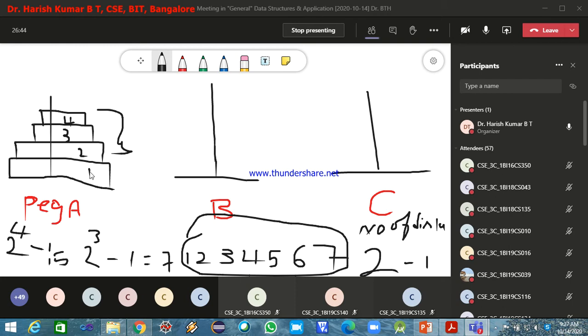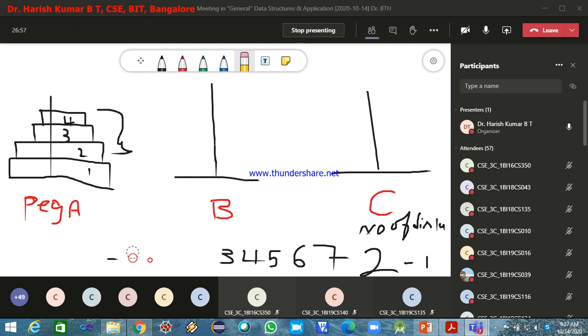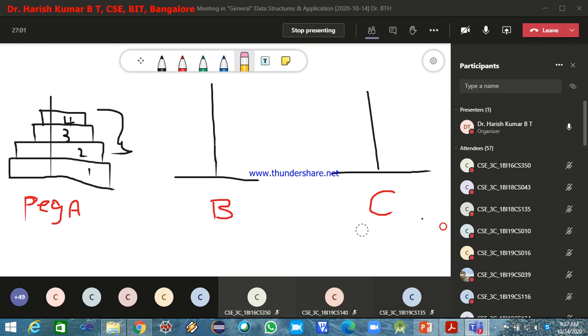Only then can you move the lower disk to C. I'll erase the lower part also. So totally 15 moves are required. Tell me now, tell me the moves.